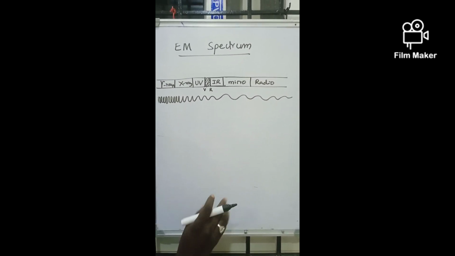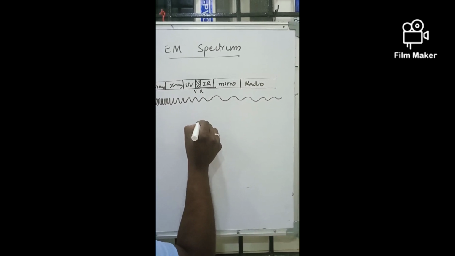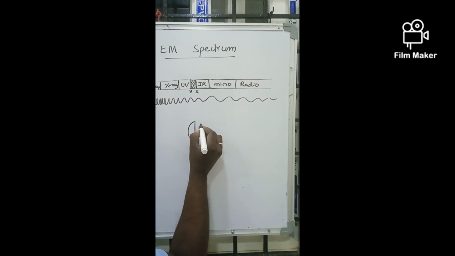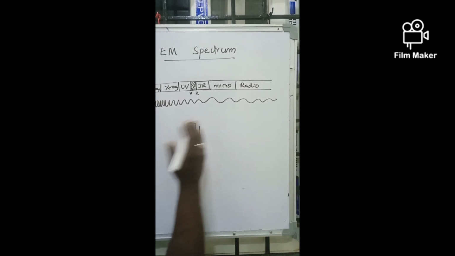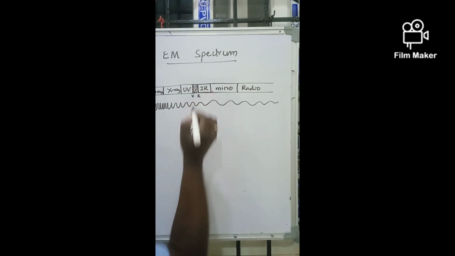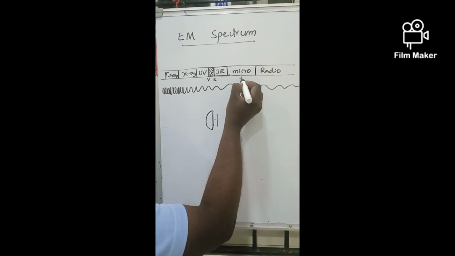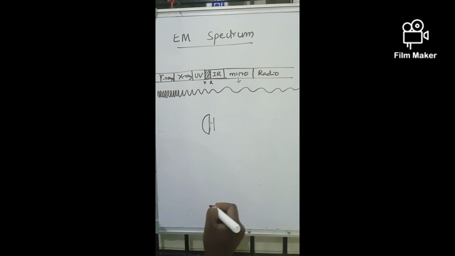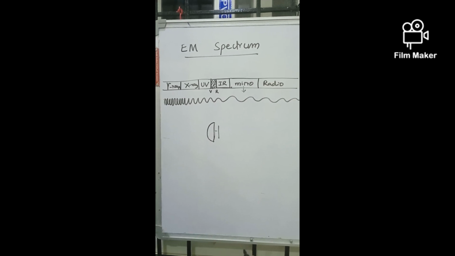For example, when you bring your palm near an iron box, even though there is no physical contact, you feel hotness due to infrared rays only. Microwaves are used in telecommunication to send telephone and internet signals.